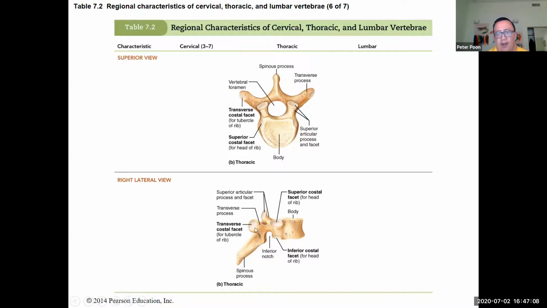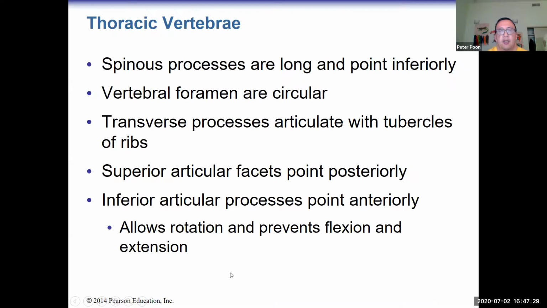Face of the giraffe, ears of the giraffe, horns of the giraffe, nose. It looks like a giraffe. The reason why it looks like a giraffe is that the spinous process is long and pointed down.